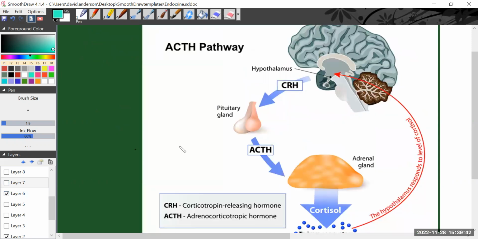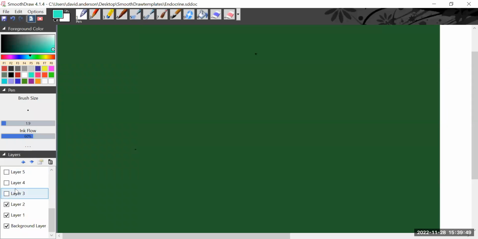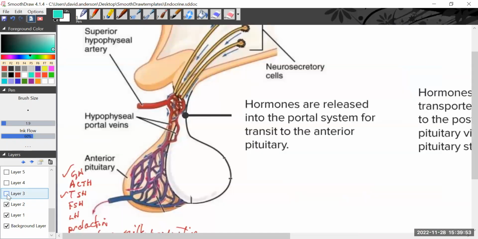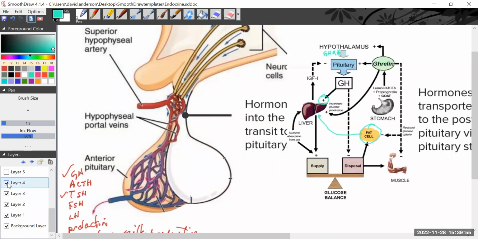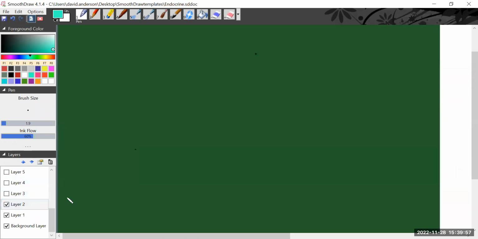Yes. So what we want to do today is carry on with that relationship between the hypothalamus and the pituitary gland with the hormones we haven't yet talked about.